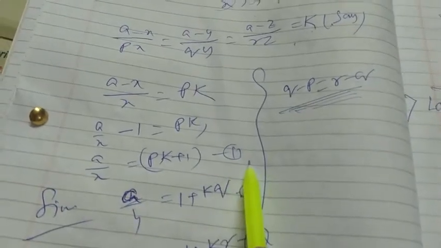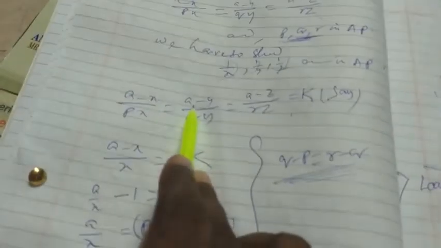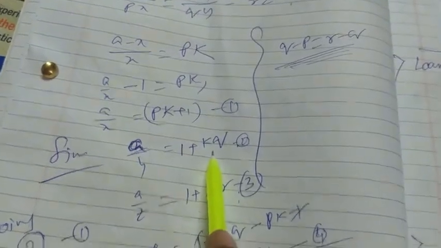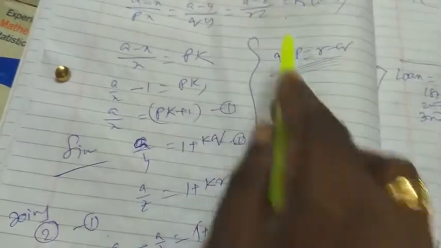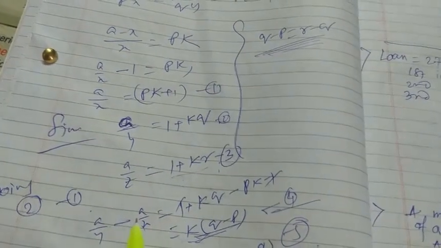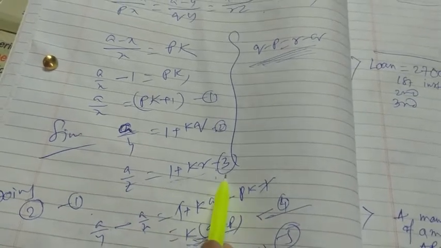And similarly from the second with k, we get a by y equal to 1 plus qk, and from the third, a by z equal to 1 plus rk. This is third.